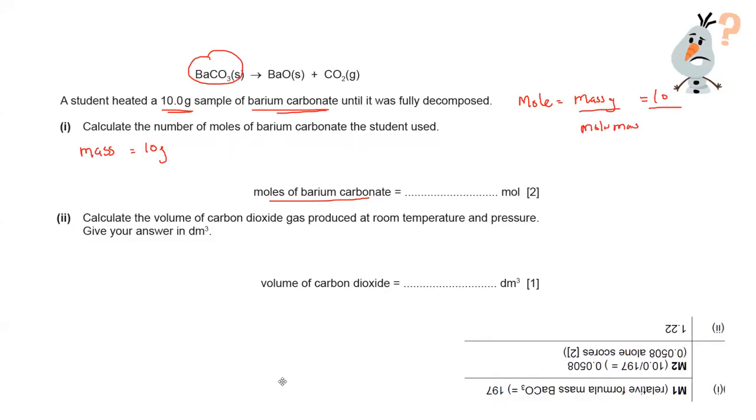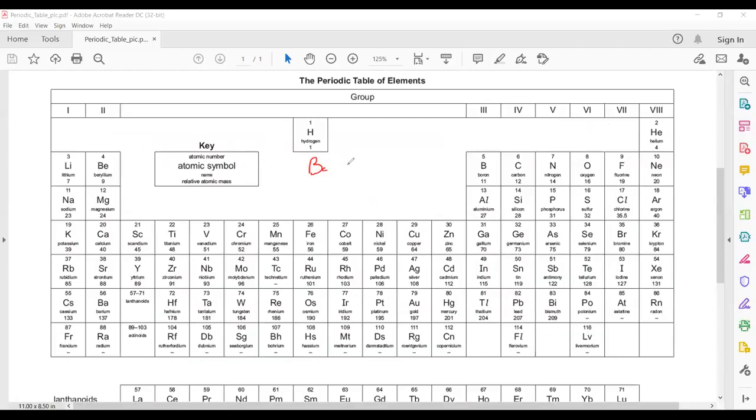When you check the periodic table and find the mass of barium carbonate, barium is 137 plus carbon is 12 plus oxygen is 16 multiplied by 3. When you solve, you will get 197 as a molar mass or molecular mass. So the molecular mass of barium carbonate is 197.